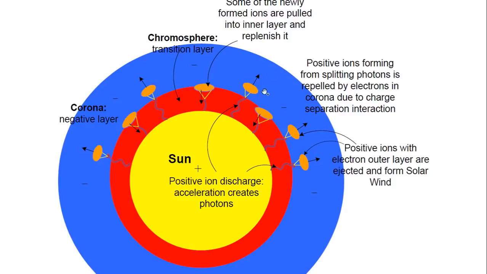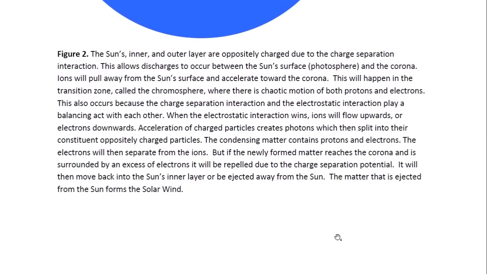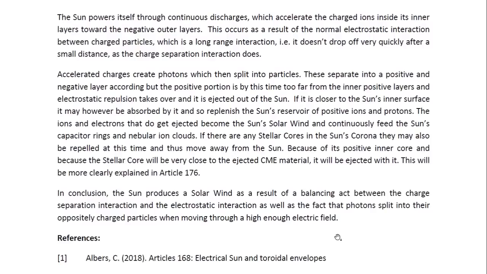It's repelled due to the charge separation interaction, because now we have positives surrounded by a whole lot of electrons, and they will tend to separate, and this will cause, in a lot of cases, this matter to be ejected outwards. And these positive ions will have a layer of negative electrons on the outside, and they will be ejected out into space, and they will form the solar wind. So this is how the solar wind forms.